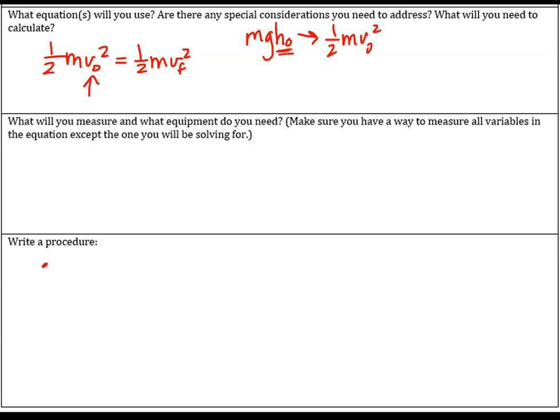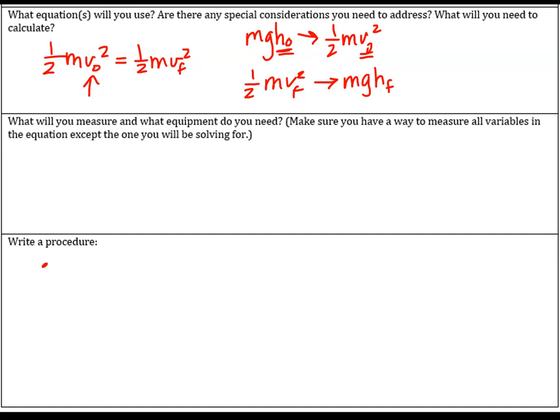And I can control my height, which will control my initial velocity. Once it bounces, my final velocity is then going to convert back into gravitational potential energy, or a final height.